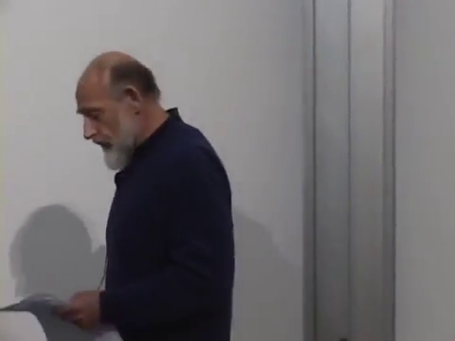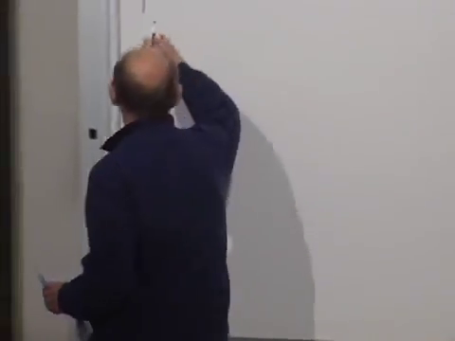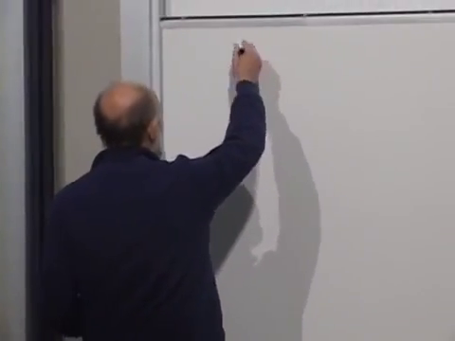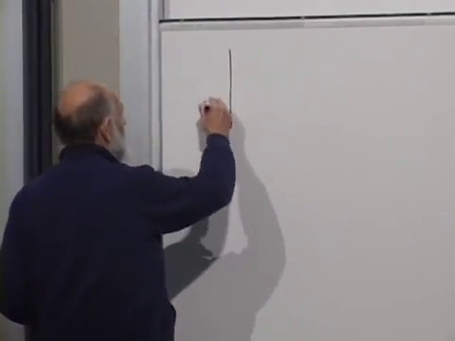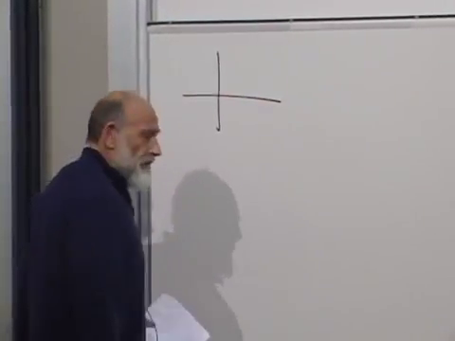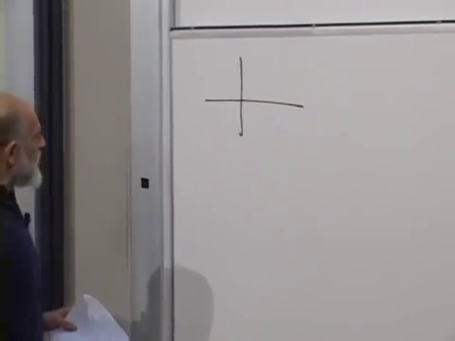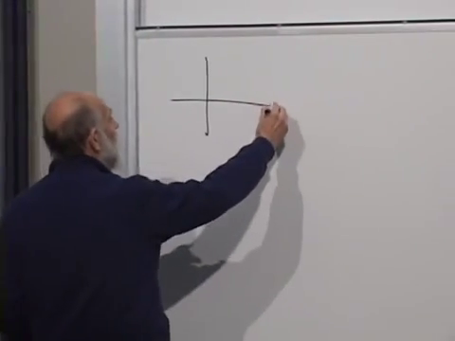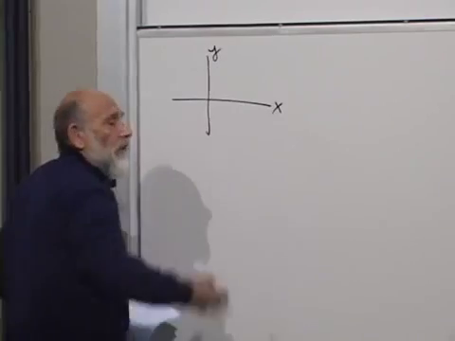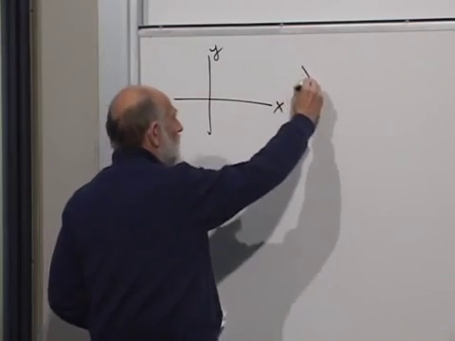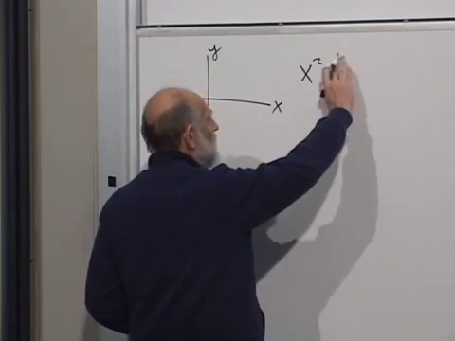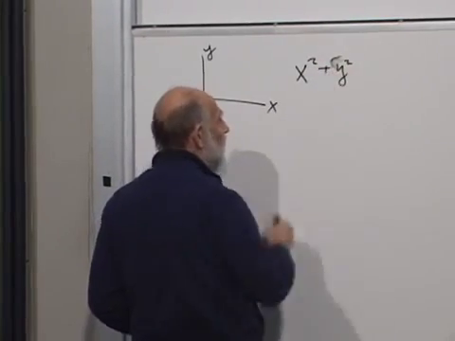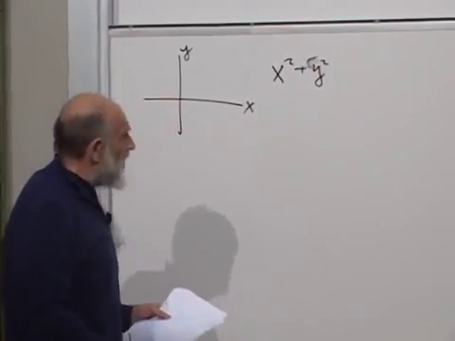A circle is a closed curve that comes back on itself, but an easy way to describe it is to just embed it in two dimensions, to start with a two-dimensional space, x and y, and just write the equation for a circle: x squared plus y squared equals r squared in general.